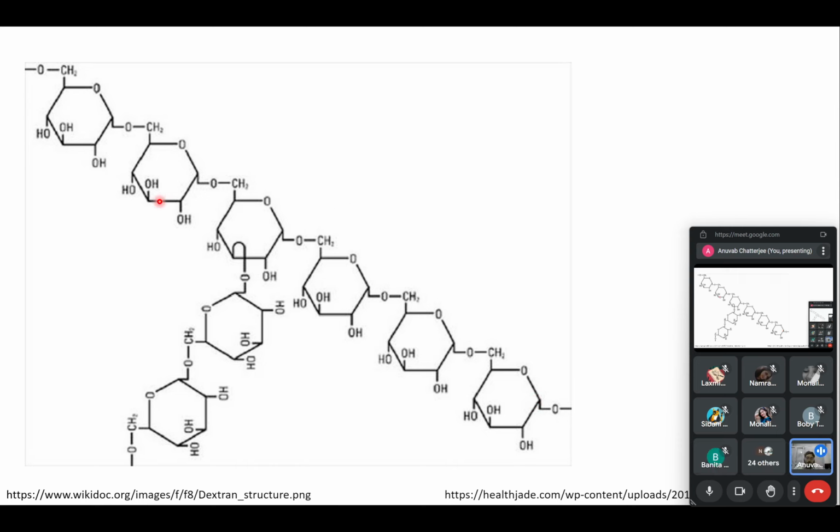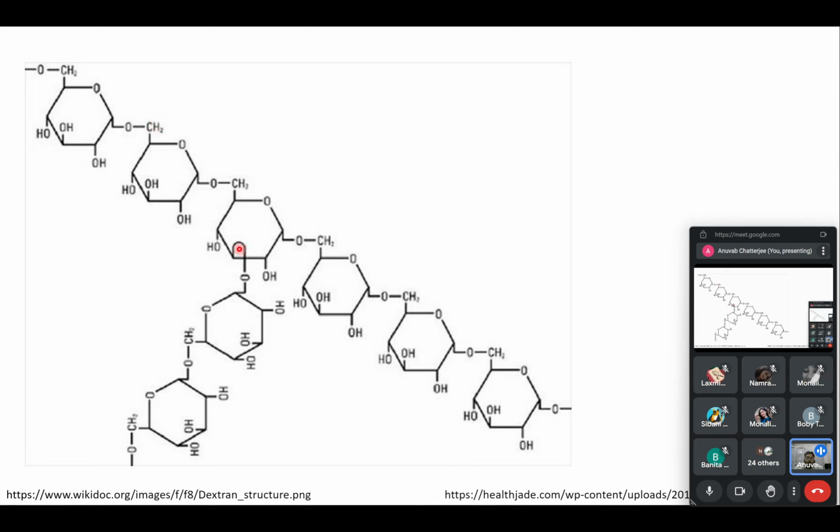This six-sided ring, as you can see, repeats, and this can bond either via this oxygen or via this oxygen. So if it bonds in the oxygen which is at one end, which is known as a 1 to 6 bond, then it forms this long chain.